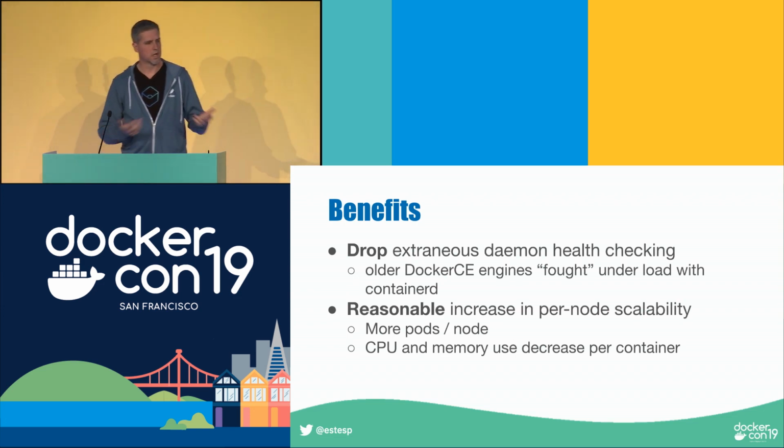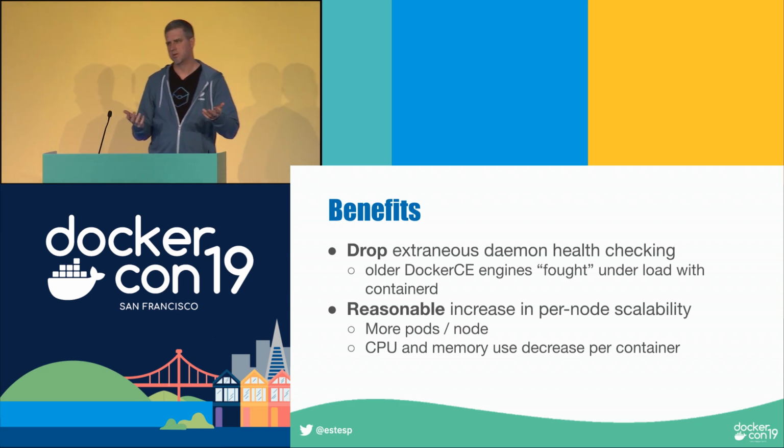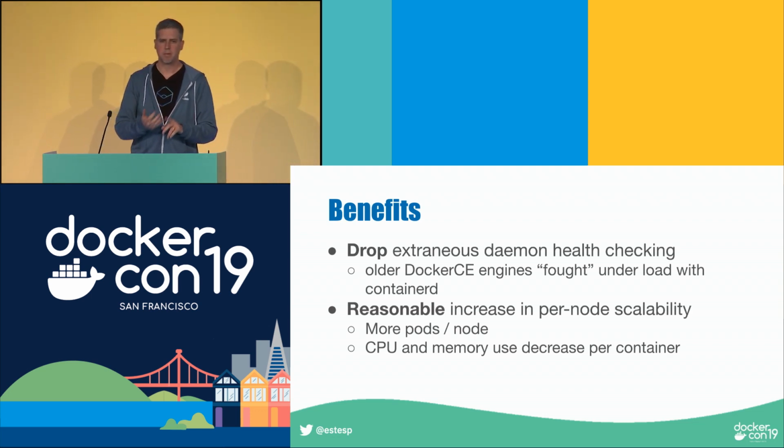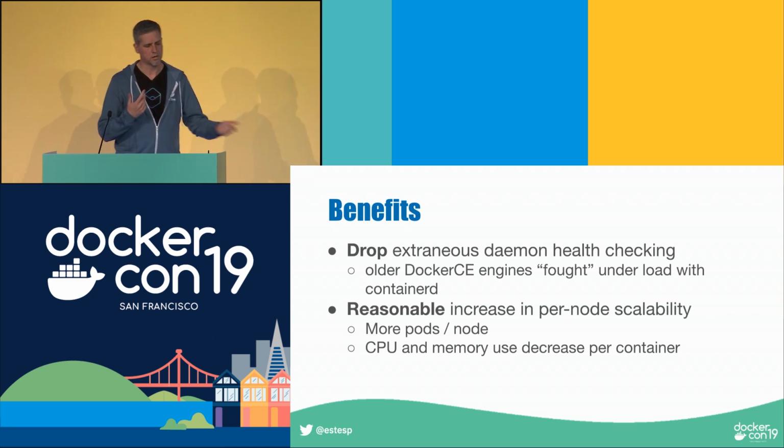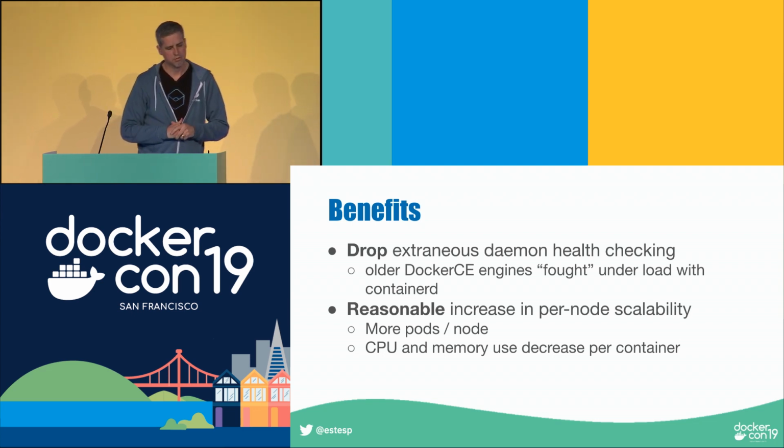And so obviously a couple benefits for us. Lantao's already showed you some performance graphs about memory and CPU use between Docker Shim and CRI Containerd. For us, there were also some operational improvements.